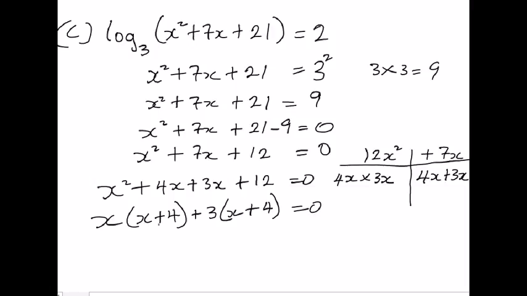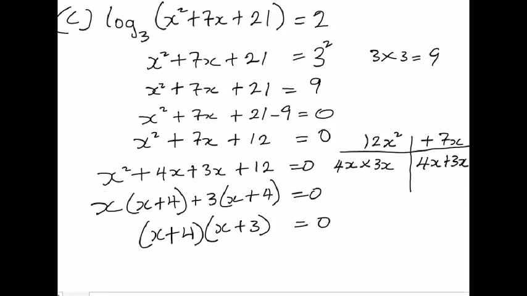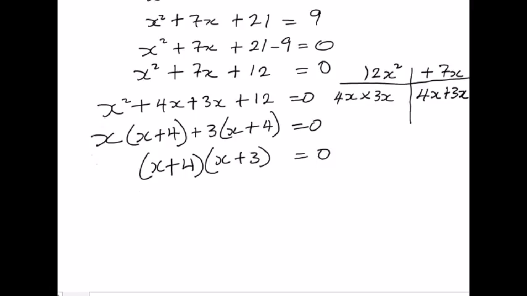It's now the same thing inside the bracket. So we can pick one out. x plus 4 bracket, this is x, and plus 3, x plus 3, everything equals 0. Okay? So when we open the bracket, we have x plus 4 equals 0.